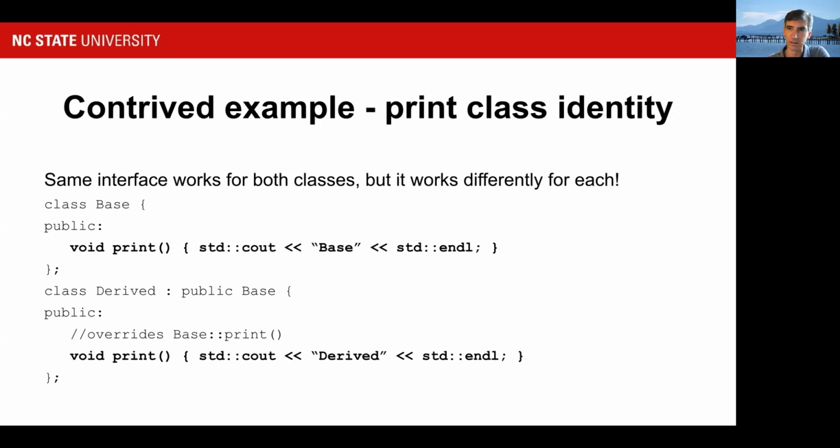So this is the way we think about it by default, that if I derive from a base class and I provide a new implementation for a function that matches a name in the base class, I'm overriding it, I'm changing it, I'm making it work in a new way just for my derived class.